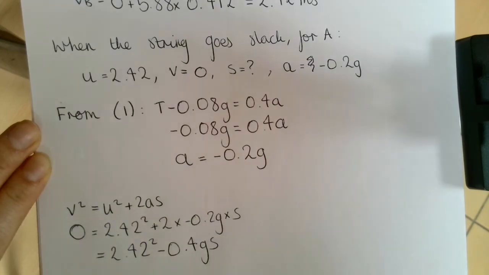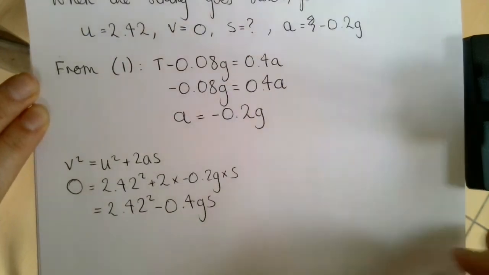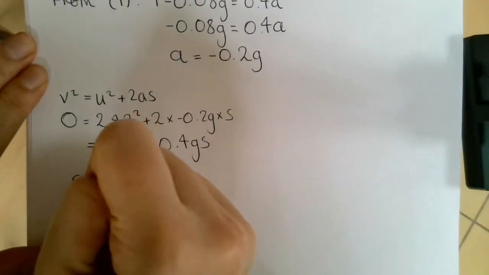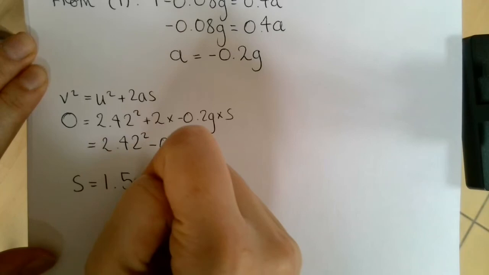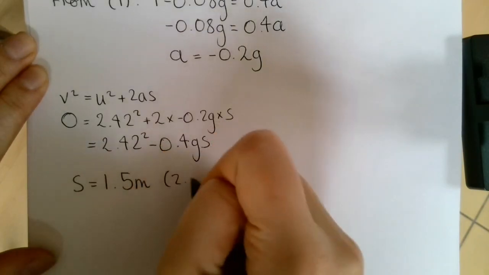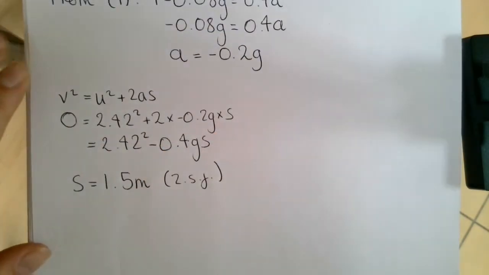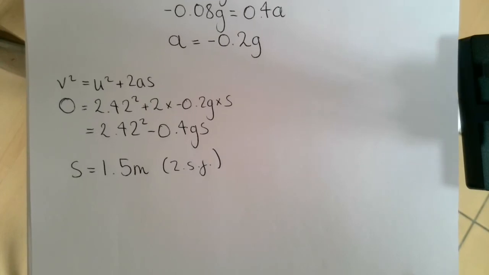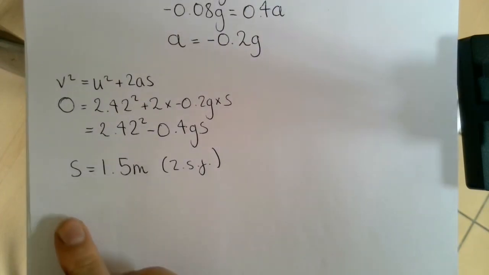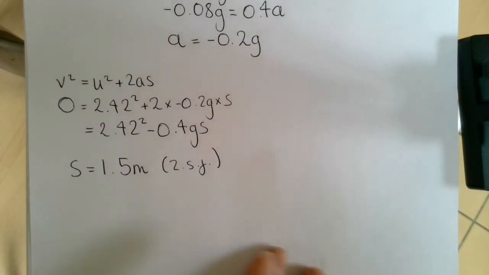When we rearrange this, we can get that S is equal to 1.5 meters, to two significant figures. So when the string is slack, A slides 1.5 meters further along the table before it comes to rest.